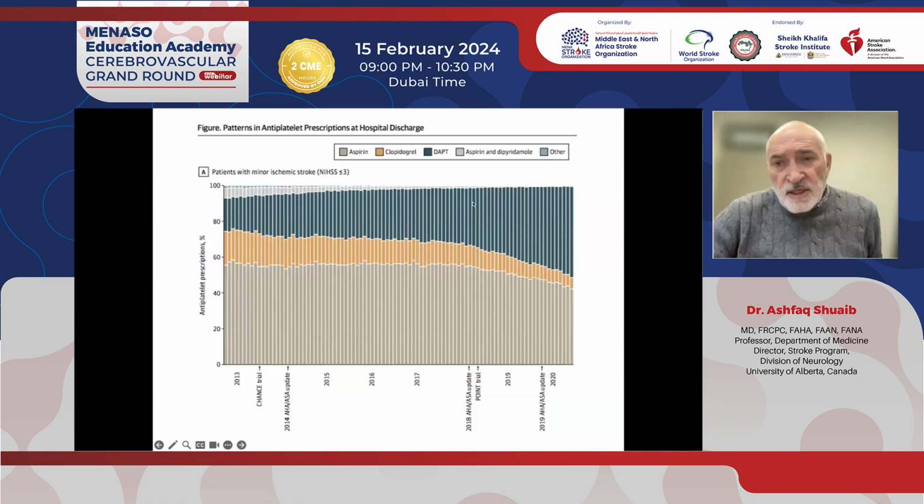So this is a good thing, right? We are following those guidelines, but still, almost half the patients who should be on dual antiplatelets are not on dual antiplatelets. And this practice is more frequent in primary centers and less frequent in comprehensive centers.